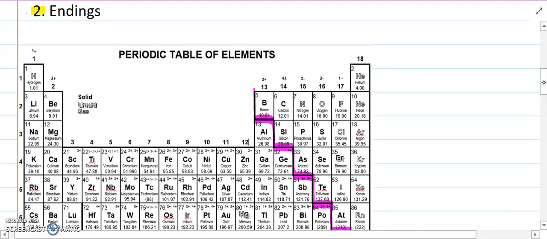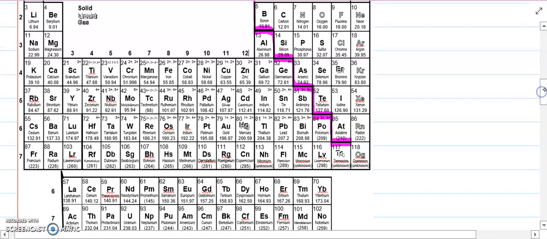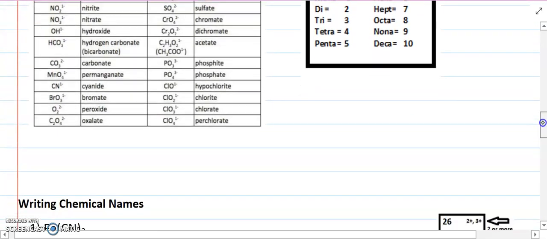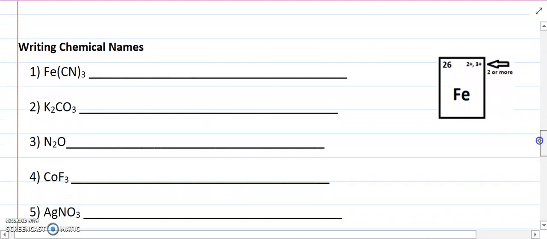So here's a charge of +1 that works for the entire first column. Here's the +2 for the second column, and so on. If you take a look at your transition metals, their options for charges are going to be found inside their actual boxes. So let's take a look at a couple of examples and see how we actually do this.